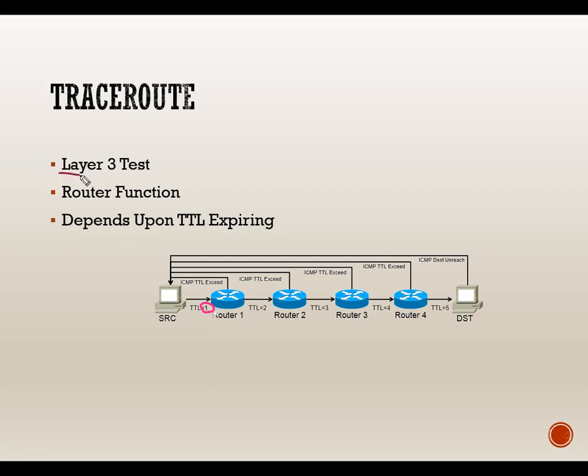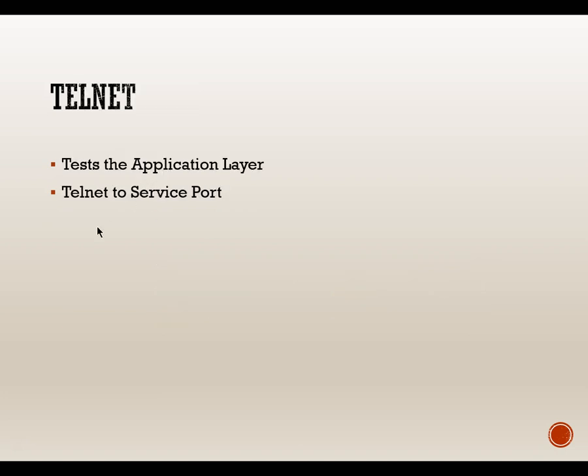The issue with them is that they are a layer 3 test. It doesn't tell us that anything's running at the application layer. So yes, we can ping it, we can do a TRACEROUTE to it, and then we go to HTTP whatever it is and we get nothing. So how can we check to be sure that the application is actually running on that particular device? And that's where TELNET comes in.